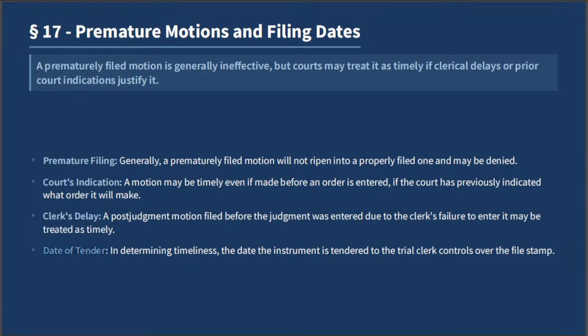And the date of tender: in determining timeliness, the date the instrument is tendered to the trial clerk controls over the file stamp. So the instrument is tendered. That's going to be a satisfaction of something there, right? All right, let's move along.